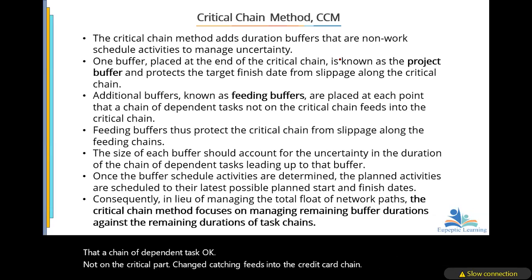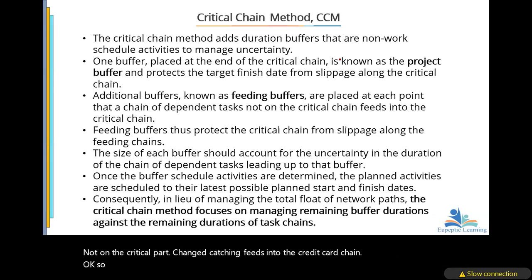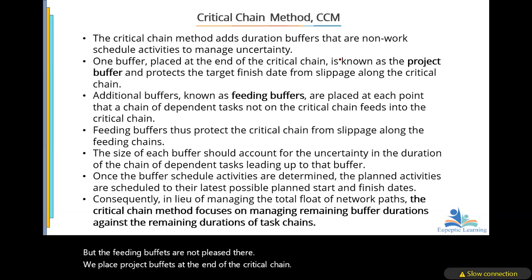The project buffer is placed at the end of the critical chain, but the feeding buffers are not placed there. We place project buffers at the end of the critical chain to protect the target finish date, so that in case of any slippage along the critical chain, it is protected.